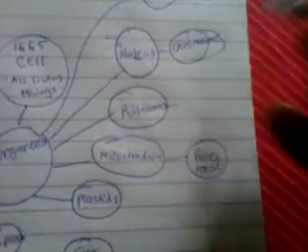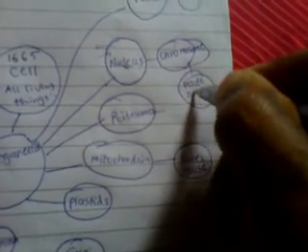It has chromosomes inside it. Now remember this word, chromosome. Now what are these chromosomes important for? Because chromosomes are made up of DNA. DNA stands for deoxyribonucleic acid.